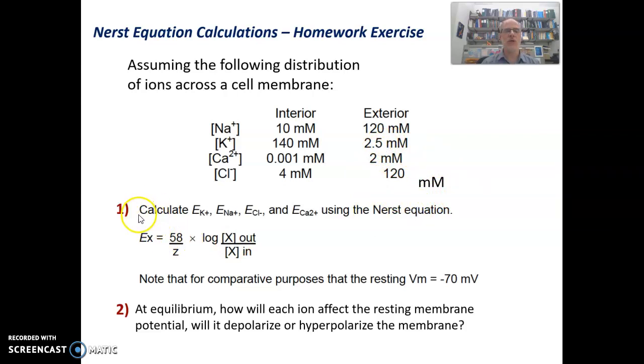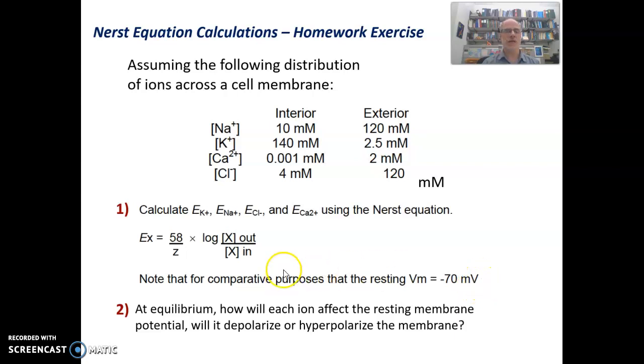I want you to calculate the equilibrium potential for potassium, for sodium, for chloride, and for calcium using the simplified version of the Nernst equation that I introduced in the last slide. Now, remember that the resting membrane potential in neurons is roughly minus 70 millivolt.